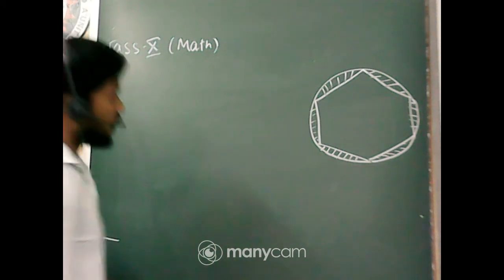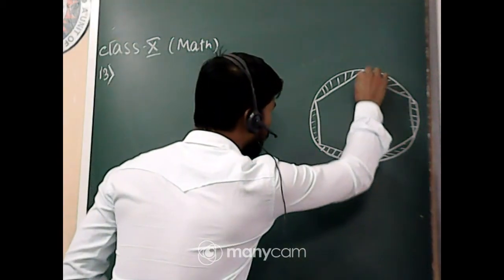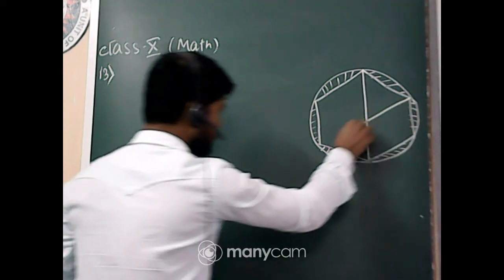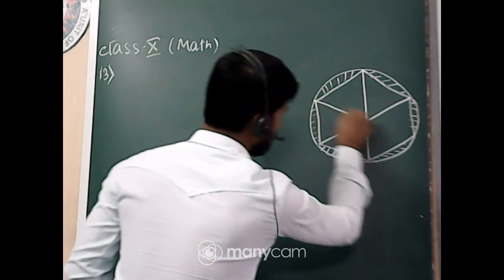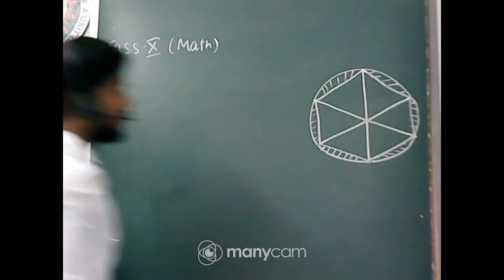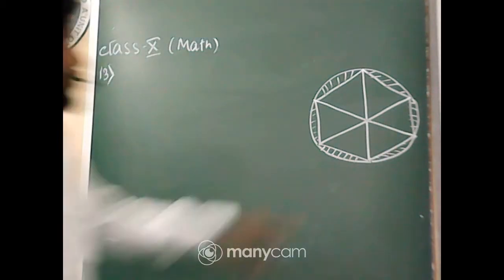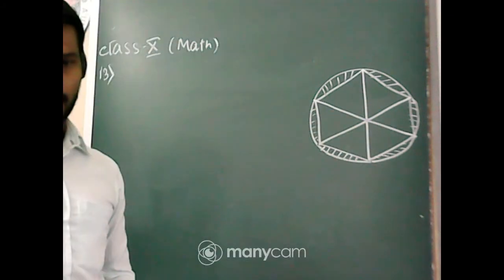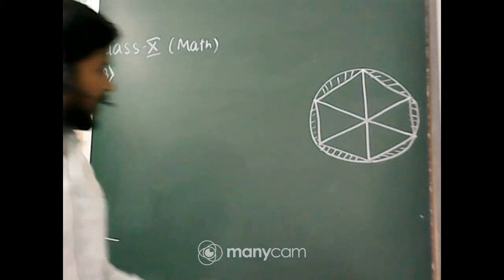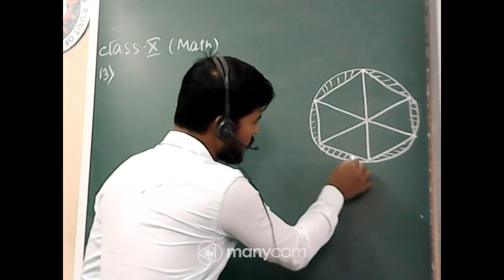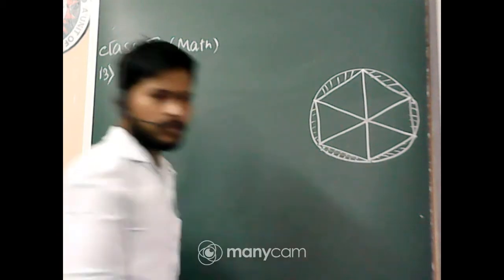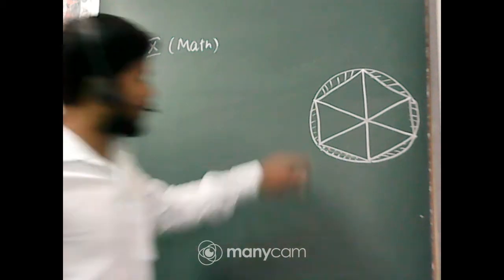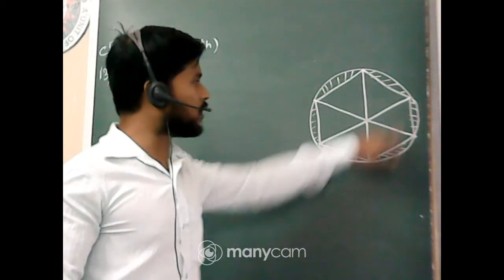Now look, if I join the opposite diagonals, the total figure is now divided into 1, 2, 3, 4, 5 and 6 equal parts. If I calculate the area of one portion, one segment, and multiply the result by 6, we have the area of this total design.